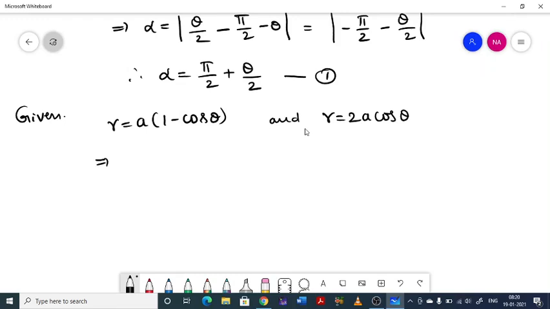From these two you can take a into 1 minus cos theta equal to 2a cos theta, because left hand sides are equal, so you can take right hand sides equal.